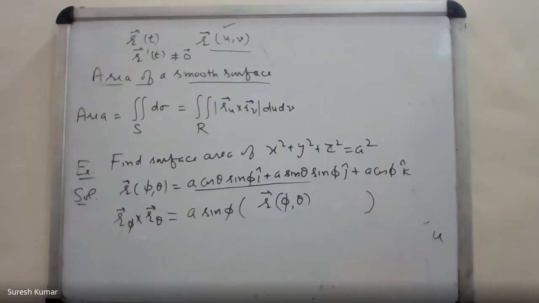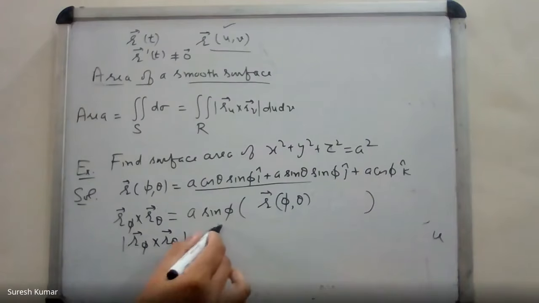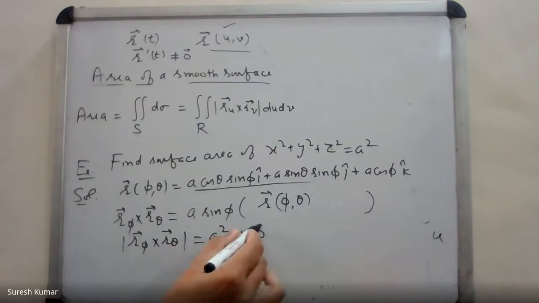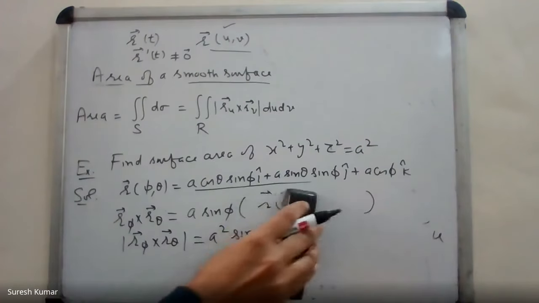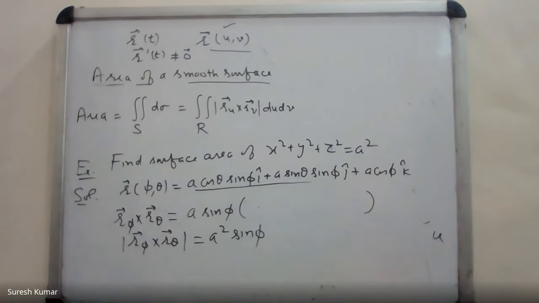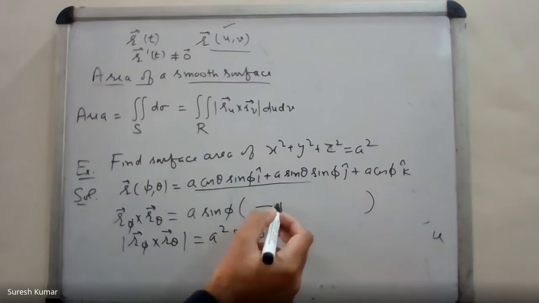After that, if you simplify the magnitude, you will get a square sin phi. R phi theta means this whole expression. I'm not writing it again.